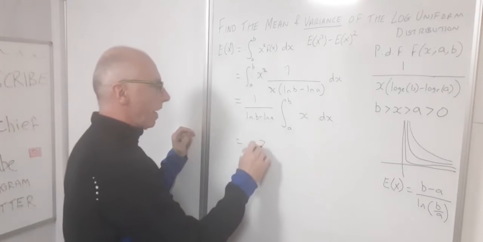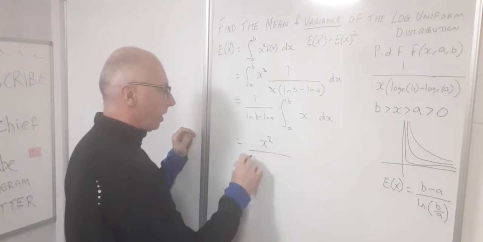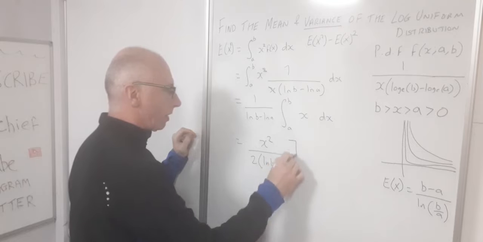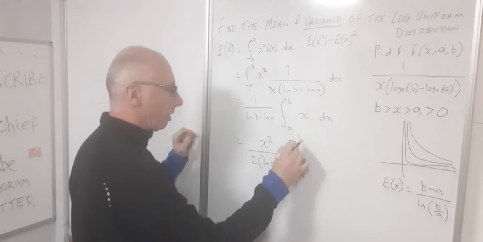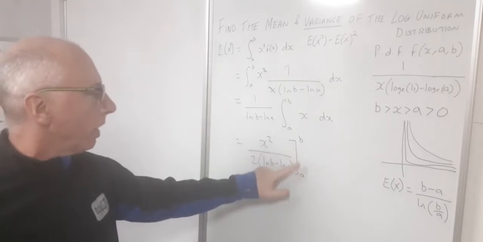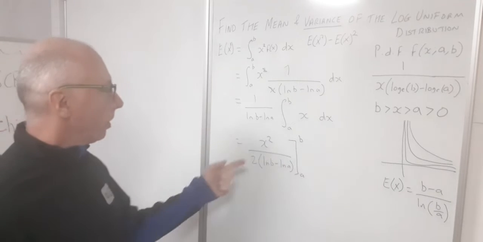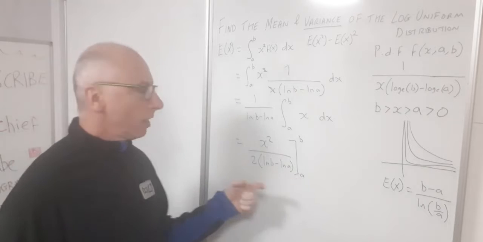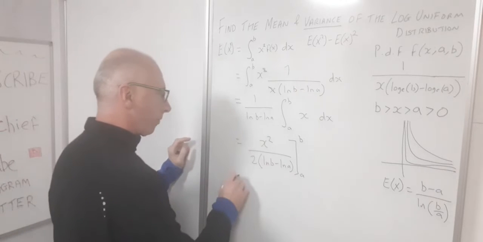So now I've got x squared divided by 2 times log of b minus log of a, and that's calculated from a to b. Okay, so now wherever I see an x I plug in an a or a b. So at b I will subtract the value from when it's at a. So let's have a look at that.